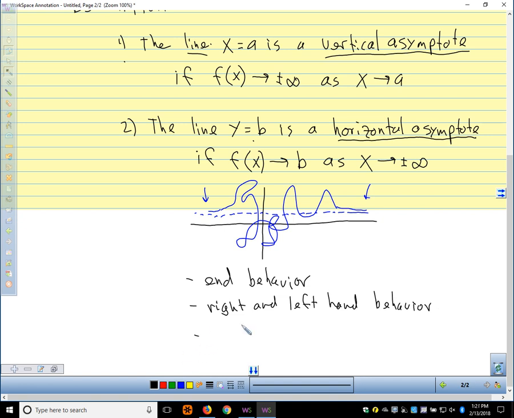What I like to think about the horizontal asymptotes is what happens eventually. The horizontal asymptotes don't tell us anything about what's going on in here. All they tell us about is what happens as x gets really big or as x gets really small.